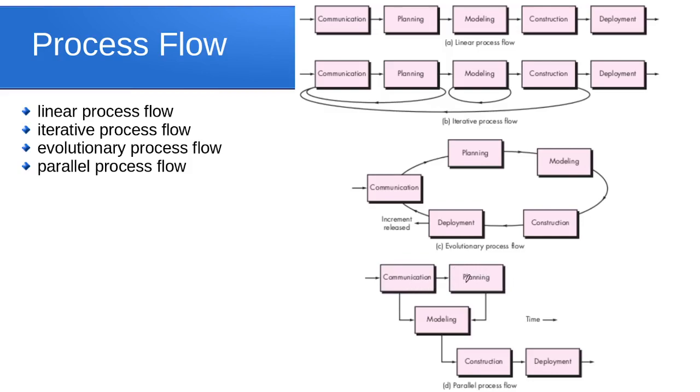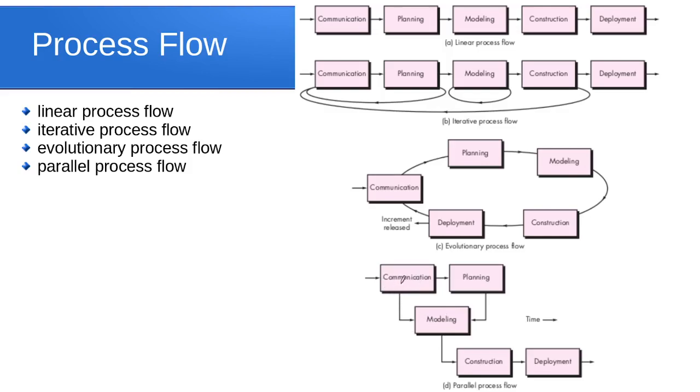Here, if we are thinking about communication and planning, both are taking place at the same time. So the two activities are being executed in parallel. Or if we take it like this: after communication, planning will be done, but along with the communication we have started modeling.